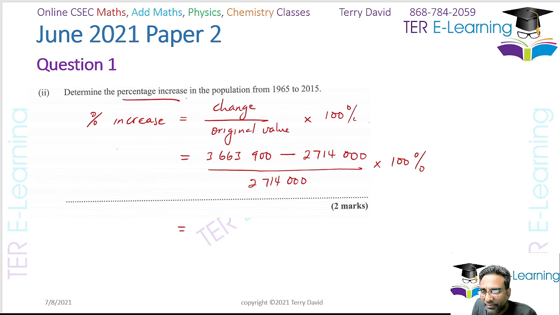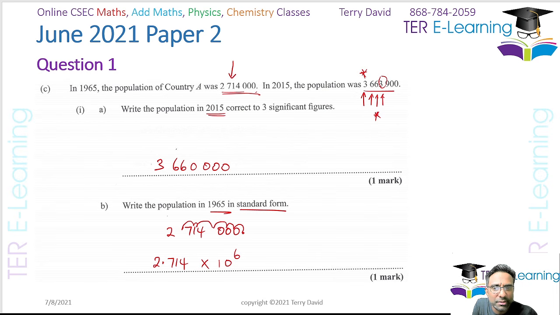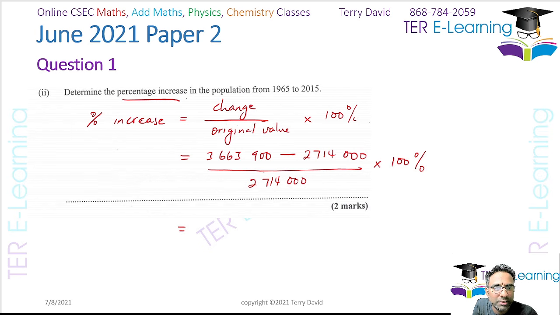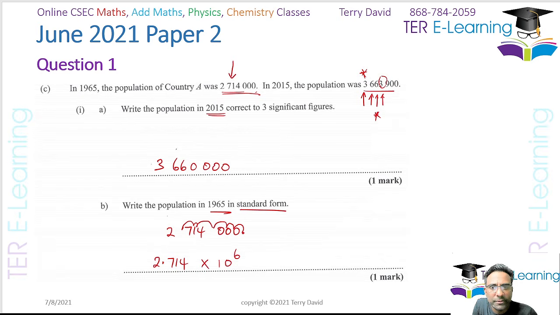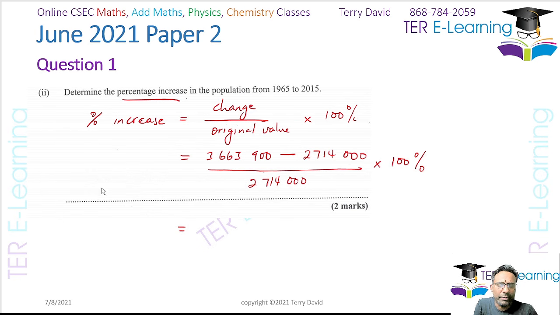Now let's make sure I have the correct numbers. 2,714,000, and the next one is 3,663,900. All right, so we're okay with that. Now let's get our trusty calculator to work that out.